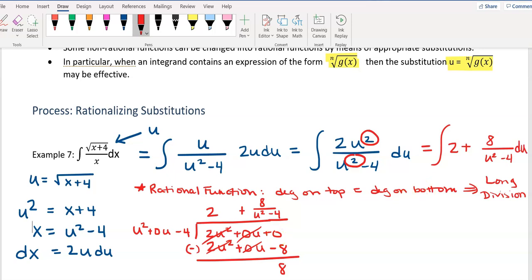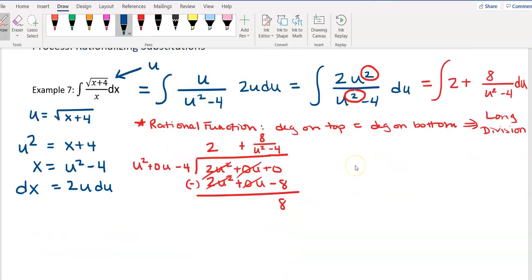So now we're going to have to deal with this integral. To begin, we're going to need to split them up into two separate integrals. The first one is the integral of 2 du, and the second one would be the integral of 8 over u squared minus 4 du.